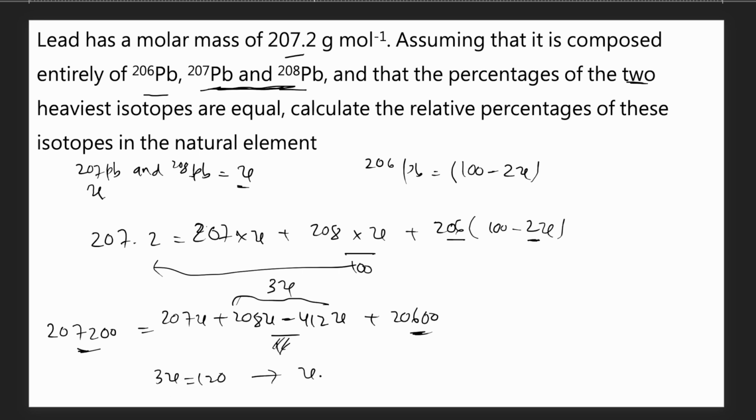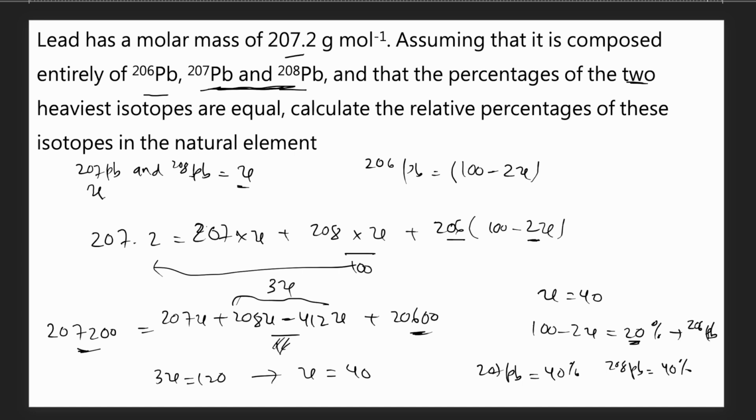So x would be 40. Therefore, x is 40, and 100 minus 2x is 20. So Pb-207 is 40%, Pb-208 is 40% as well, and 20% is for Pb-206.